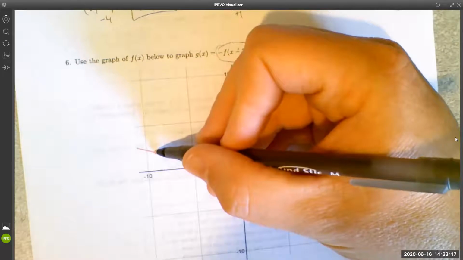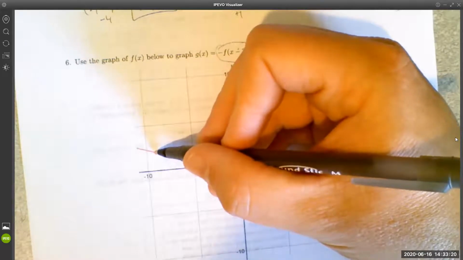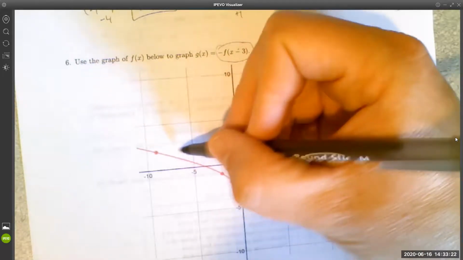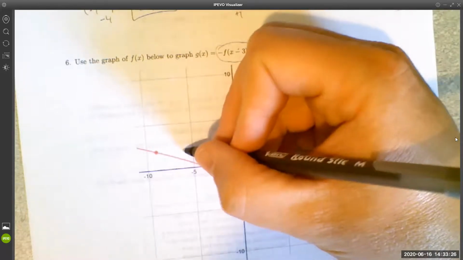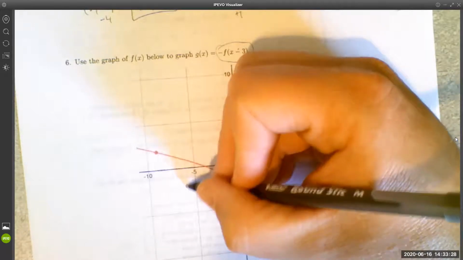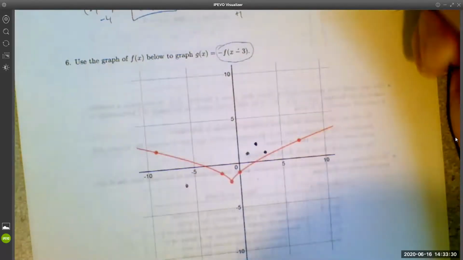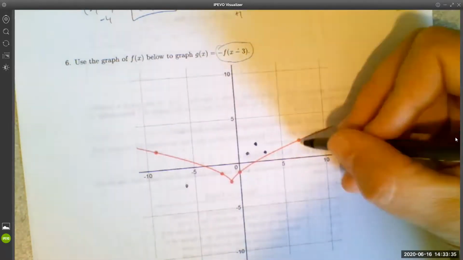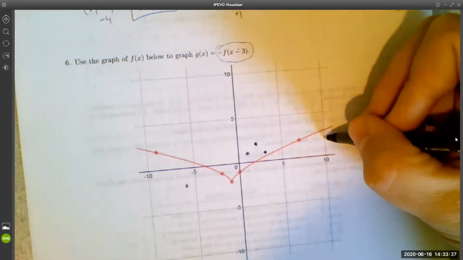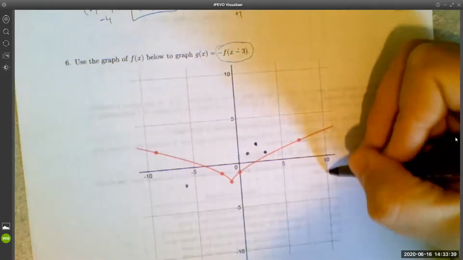We should shift it to the right 1, 2, 3 spaces, and then flip it over, so instead of being at +2, it should be at -2. Same thing with this point at 7, 2: it should go over 3, and then instead of being at +2, it should be at -2.